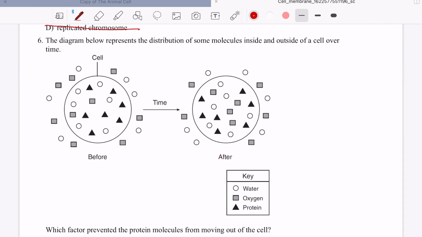This has to do with the movement of molecules, and we're going to do a lot more. If you don't get this one, it's okay, because we have a whole lab to discuss diffusion through a membrane. I'm sure that sounds familiar to you, but let's read and see if we can do this together. The diagram below represents the distribution of some molecules inside and outside of a cell over time.